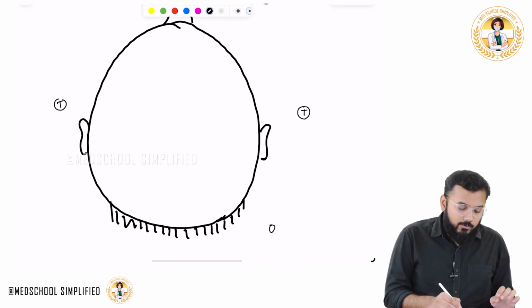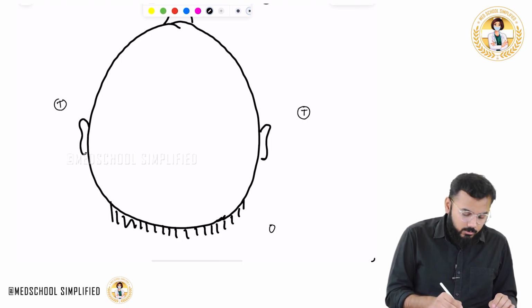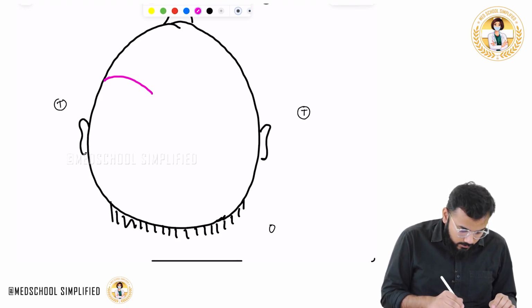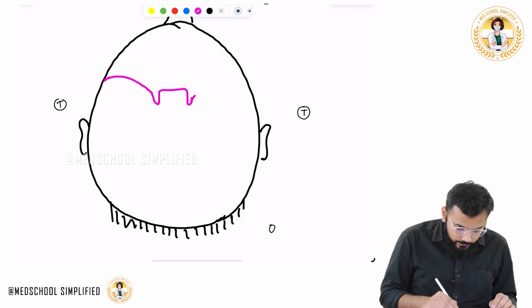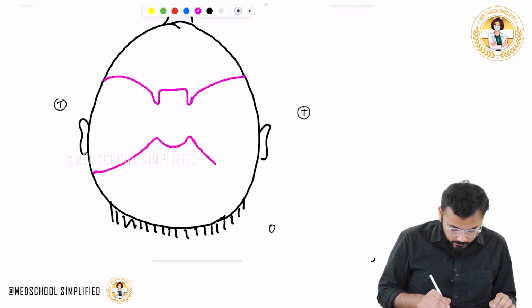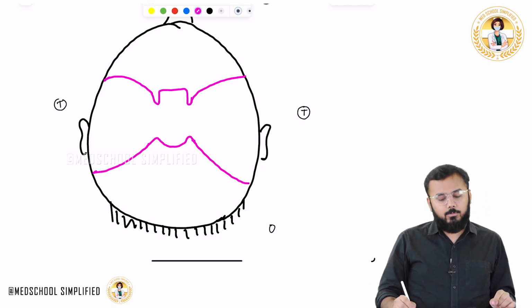Now here I have to divide into three cranial fossas. For example, see here, this is one line which I am drawing right now, and next, this is another line which I am drawing right now.